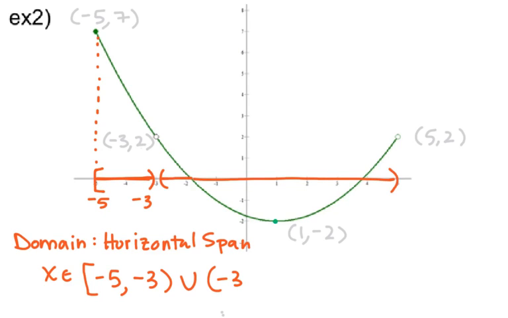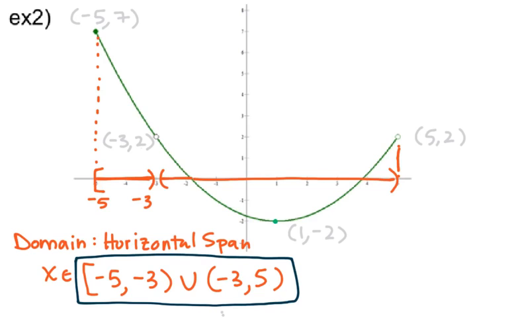And of course, we can't touch at x equals +5 because there's a hole there. So we'll write this as 5, and then we will put a parenthesis on that end point. So that, what I've just written here, closed bracket, -5 to -3, open, union, open, -3 to 5, open. That represents my domain. Now let's look at my range.